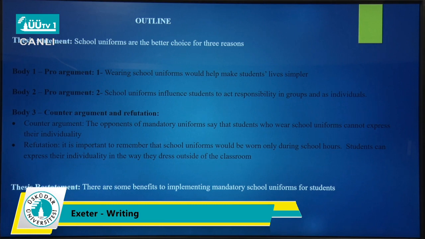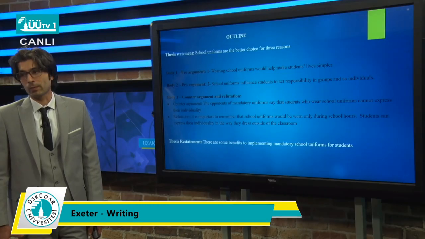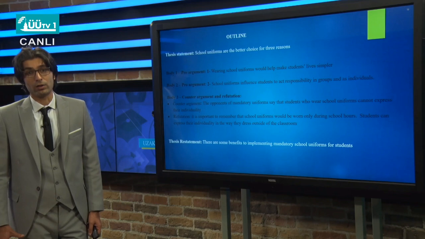As you can see here, we defended wearing school uniforms. But here, the opponents of mandatory, meaning essential or necessary, uniforms say that students who wear school uniforms cannot express their individuality. It means that they want to show their individuality. They want to have their own clothes, but we do not agree with this. We need to refute it. We need to reject it. How?